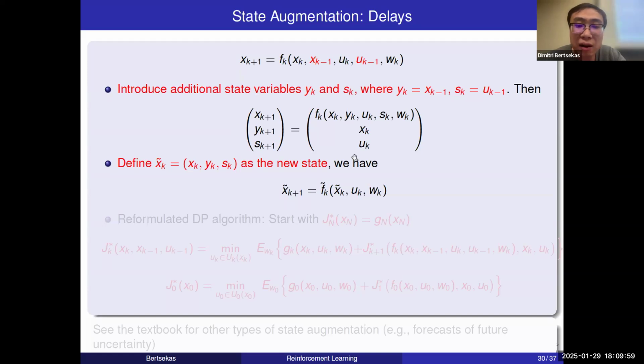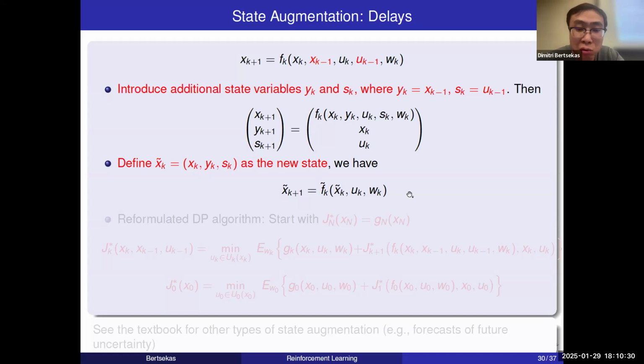As a result, we have this new state, xk plus 1, y, and s, and its corresponding new system dynamics in this form, and define xk tilde as the augmented state, the new state, and we have a new system equation where this fk tilde is this whole thing, and xk tilde is the augmented state.